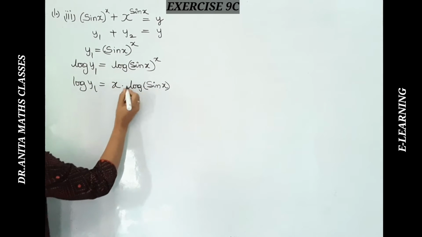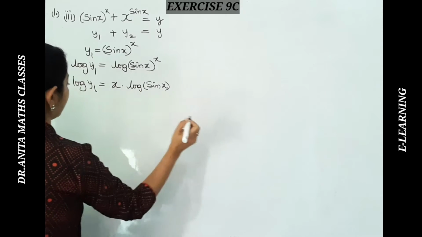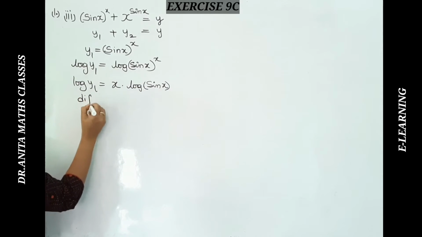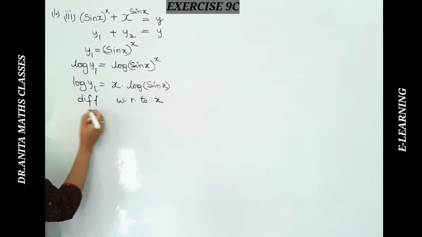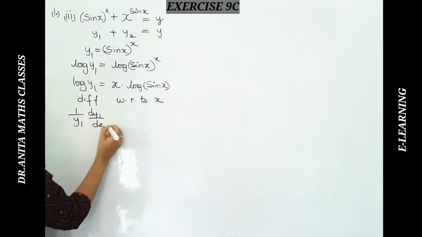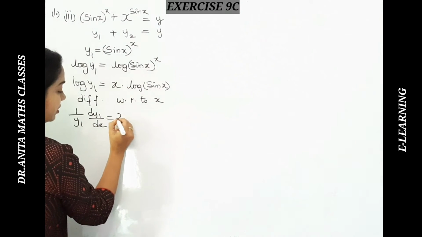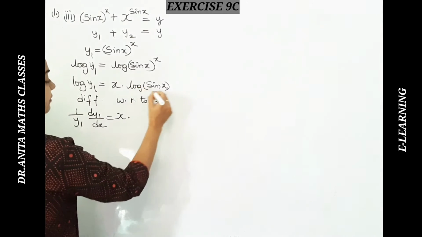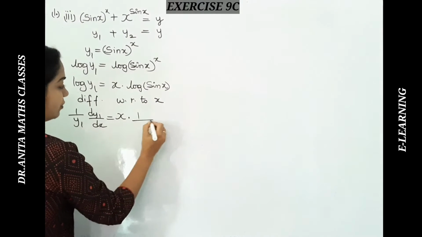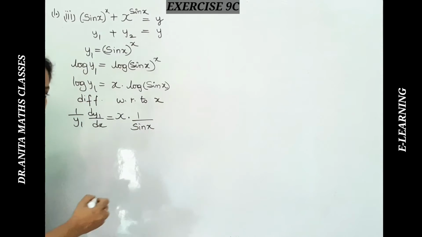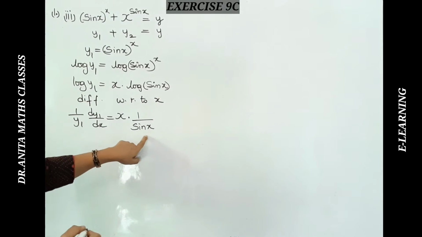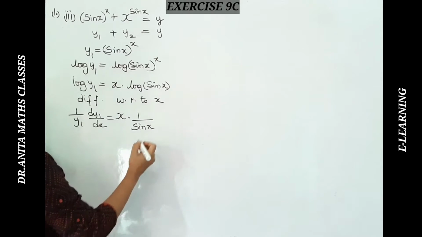Now again we have u and v, two functions in product form. So differentiating with respect to x, that comes to 1 upon y1 dy1 by dx is equal to uv function. So u as it is and v dash. Log function, so it comes to 1 upon sin x. Again this is not an x function, it is sin x, so we should do sin x differentiation according to the chain rule.